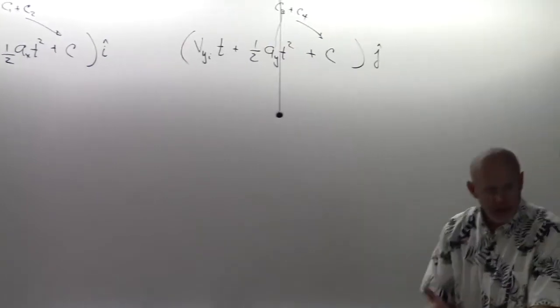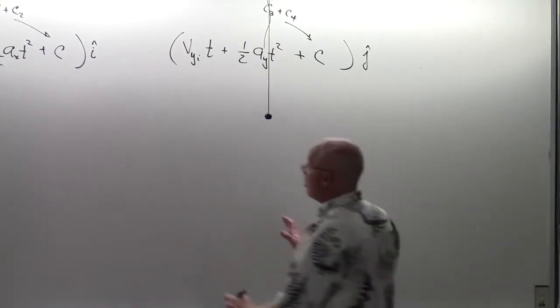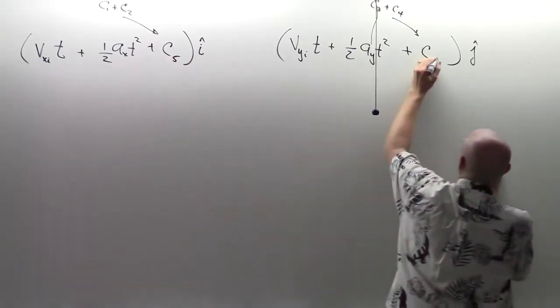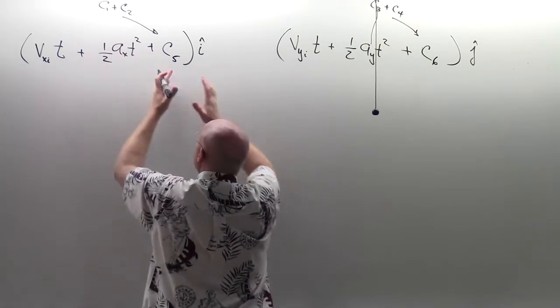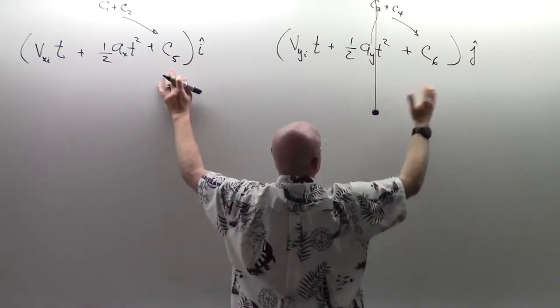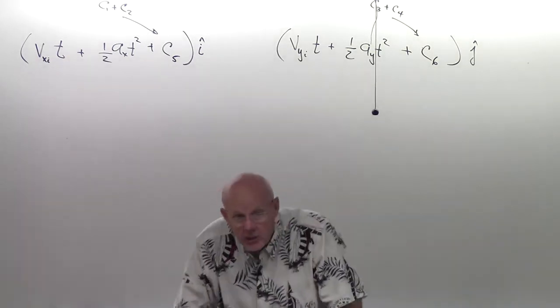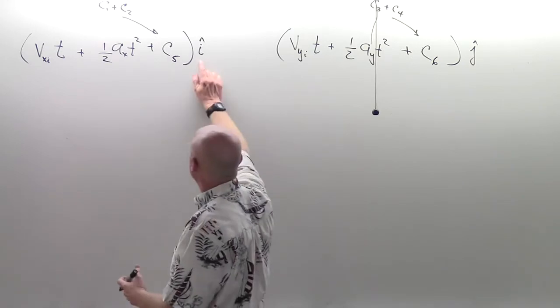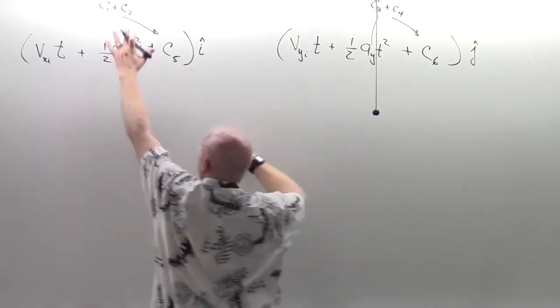But I can combine 3 and 4. And maybe I will call this constant 5 and constant 6, but I want you to see that although I can put 1 and 2 together to make 5, or 3 and 4 together to make 6, could I put 5 and 6 together to make just one constant out of this? No, that's a step I can't do. That's a step where the math is saying this is an i hat, this is a j hat. These constants aren't like terms, but these are.